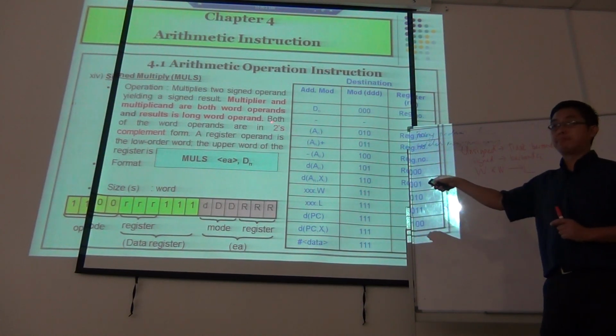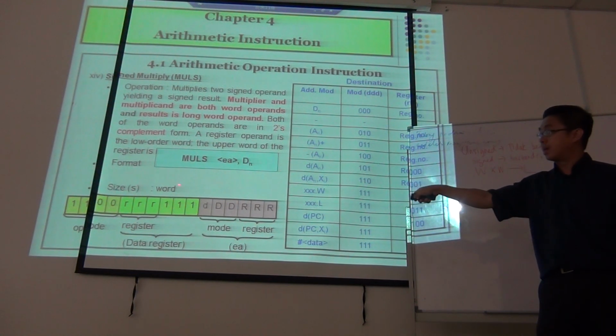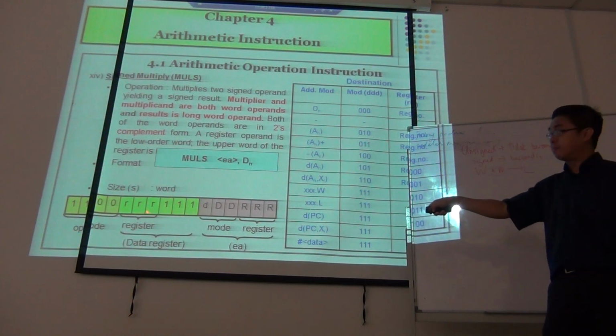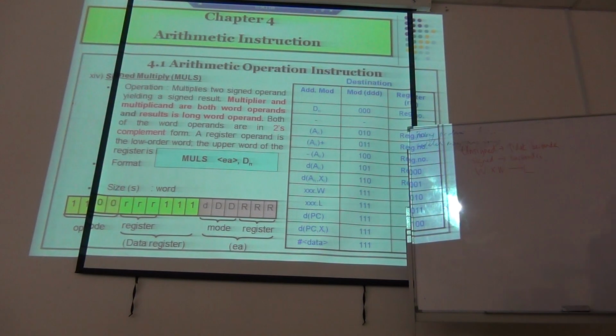Okay, this is a big one. A register operand is the lower order, so this is the command, multiply sign. This is the command, and the word, this is the 16-bit syntax, 16-bit code, and then this is the table for the data sheet. Okay, let's try and look at the slides.